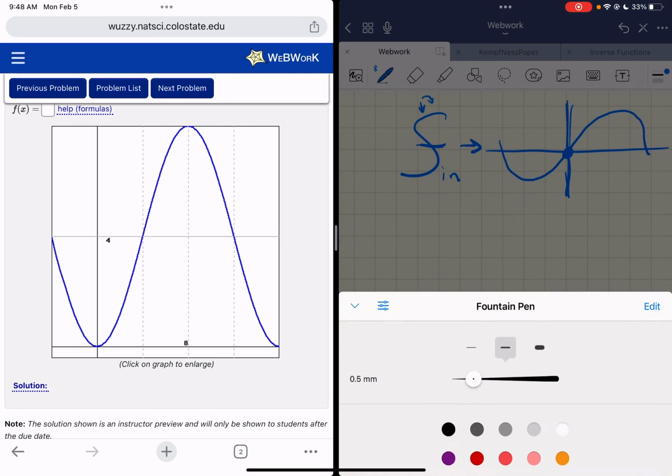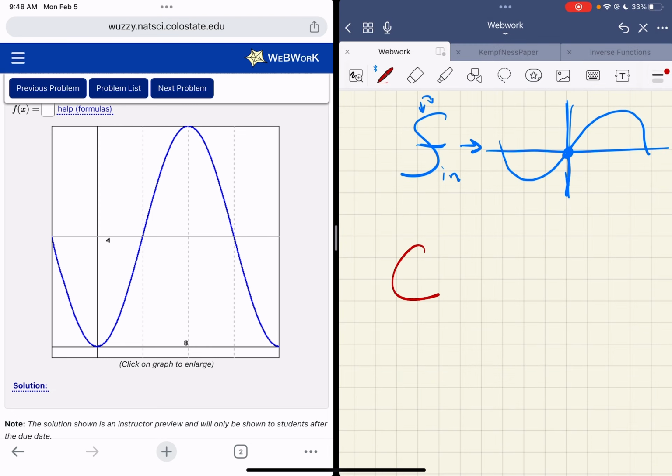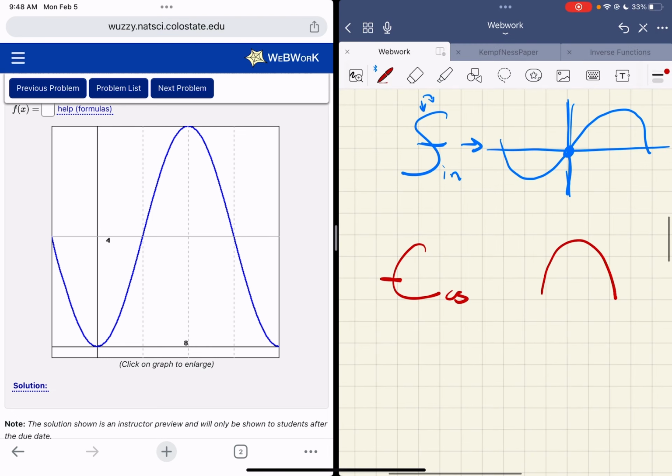Now cosine: center of the letter, let's knock it over. It begins looking like that. The actual cosine graph has to do some other stuff, it technically ends right there, but who cares? All I care about is where it starts.